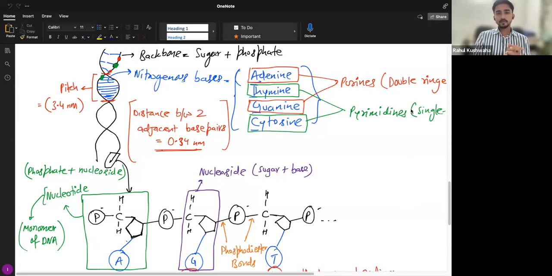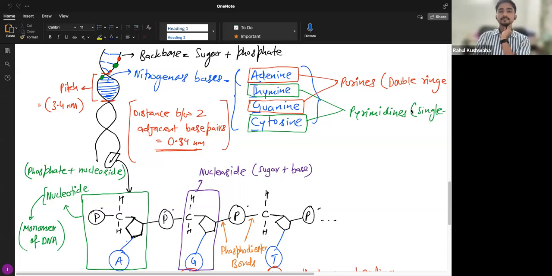Aisha, we are talking about the double helix structure. Yes, so we learned about the backbone, which consists of sugar and phosphate. And we also learned about the different nitrogenous bases, like adenine and guanine, which are the purines.